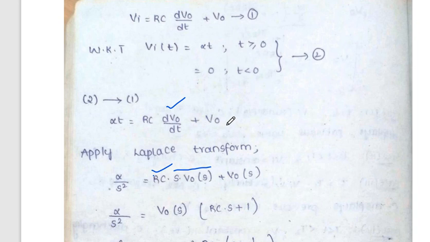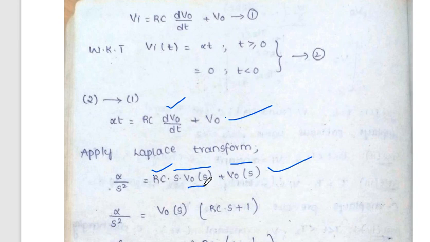Similarly, the Laplace transform of V0 is V0 of s. Now, after applying the Laplace transform to this equation, we get alpha by s squared equal to RC times s times V0 of s plus V0 of s.